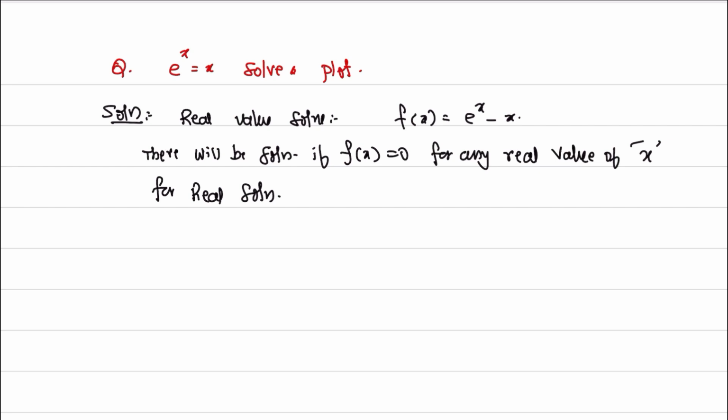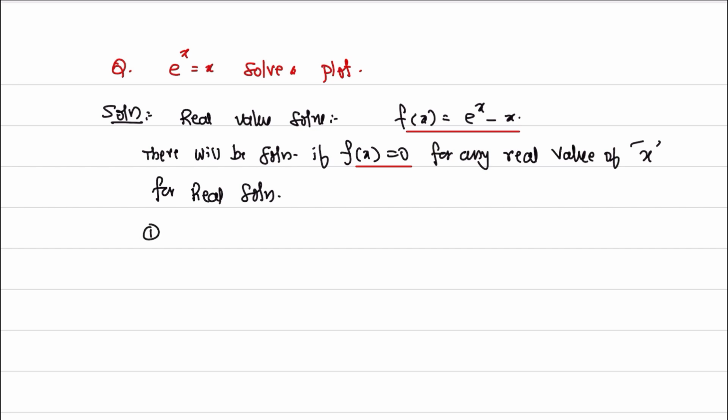We have to solve e to the power of x is equal to x, which we write as function x is equal to e to the power of x minus x. We have to find a certain value of x in real numbers such that function x is equal to 0. Then the equation is solvable. Let us try to find it.